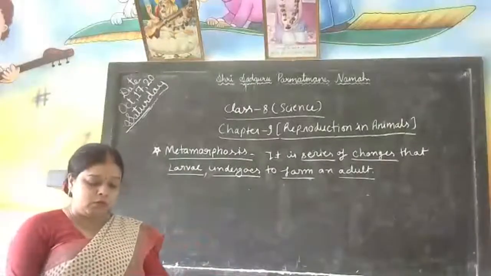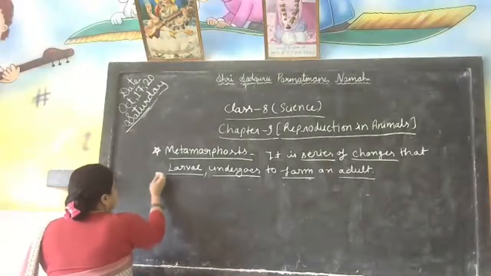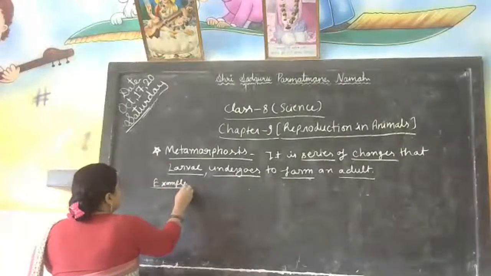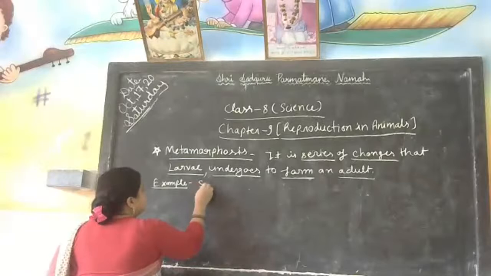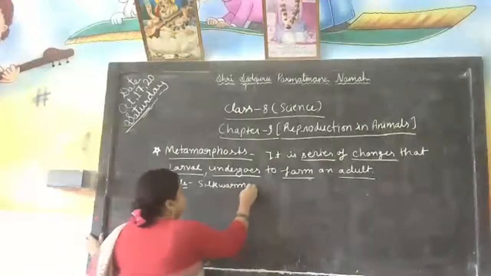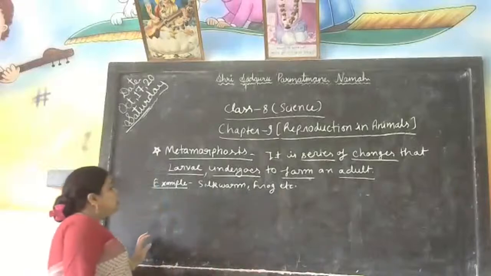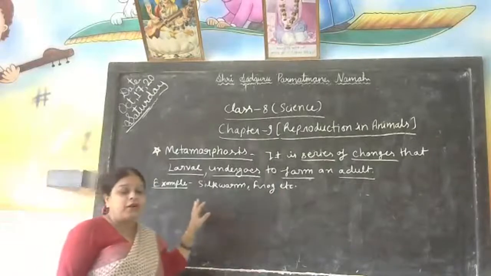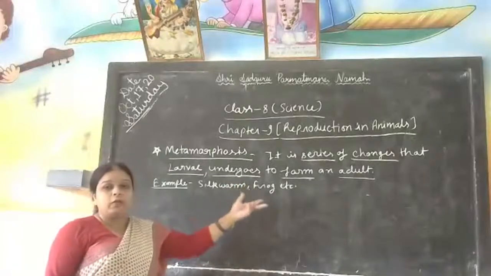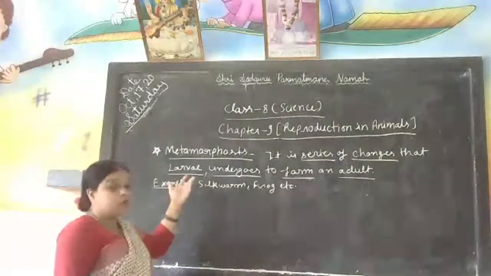For example, when we see examples, we find that in silkworm and frog, इससे क्लब और भी बहुत सारे हैं, जिसमें आप देख सकते हो इस मेटामॉर्फोसिस को.